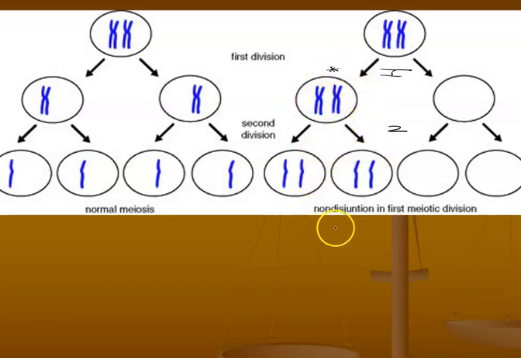Now, if we think about this logically, say those were eggs, because they sort of look like eggs because they're round. Say a sperm cell came in, and it had its normal one chromosome here, right? If it combines with that cell or that cell, you're going to have 3 copies of that chromosome, 1 from the sperm and 2 from the misformed egg. If it combines with that cell or that cell, you're going to have a monosomy.